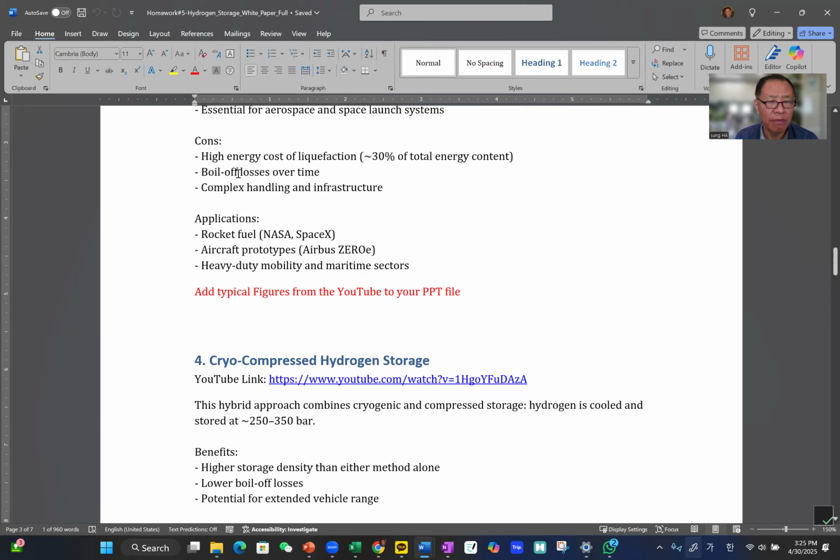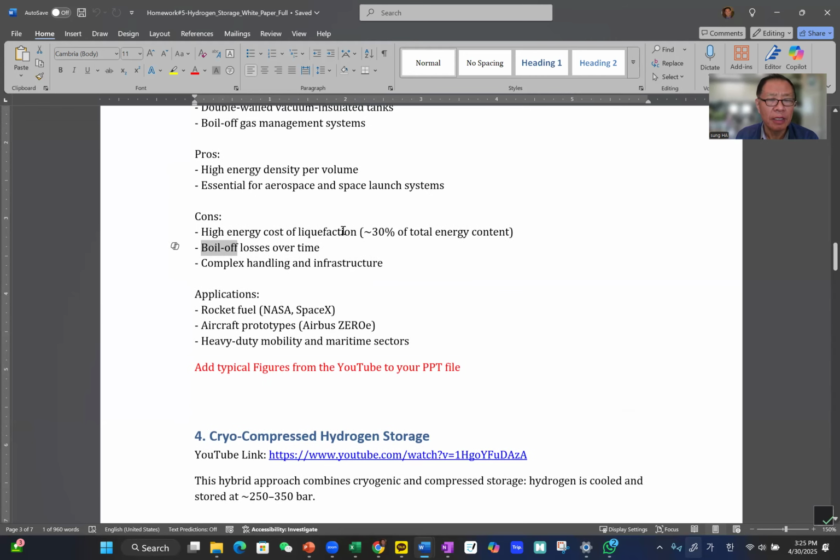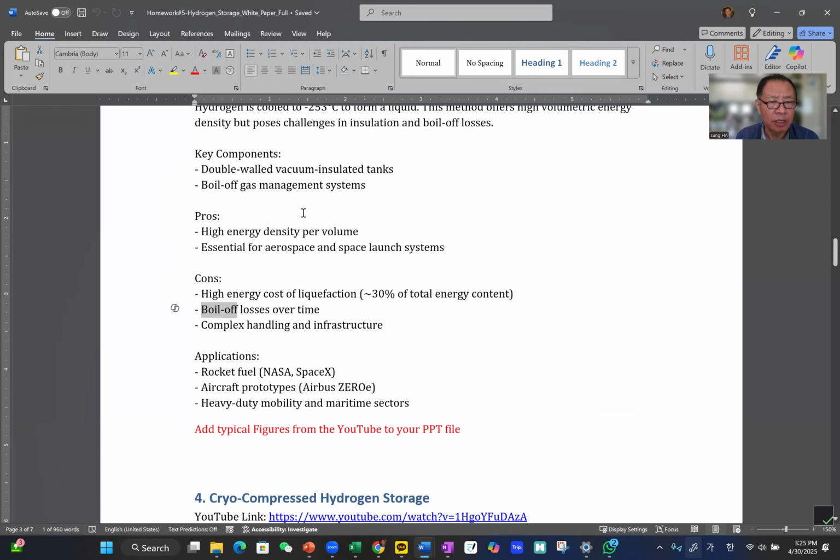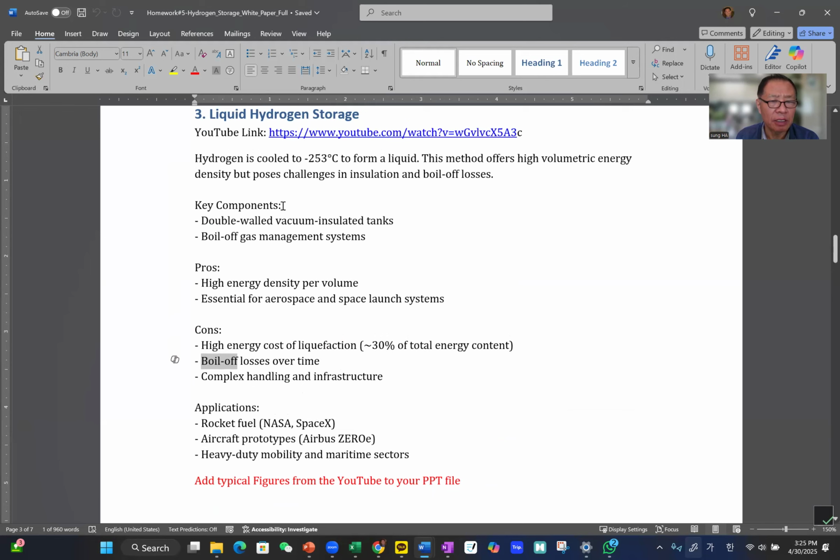Again, boil-off means that the tank cannot be completely insulated. Over the days, several days, the heat will transfer into the liquid, and then the liquid will become a gas. Then the pressure will increase. So this liquid tank is not a pressure tank.